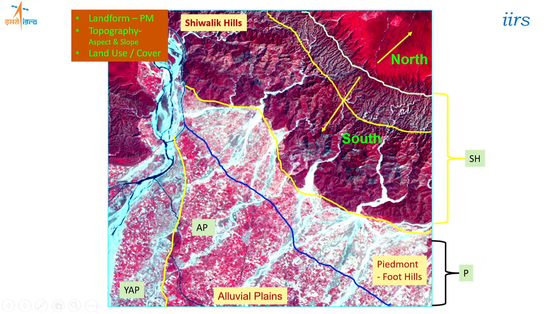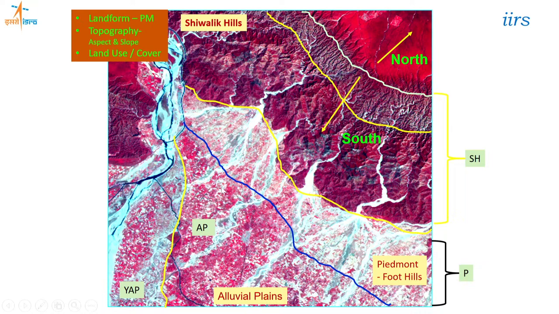If you see the plain, this is the foothills, that is the Piedmont plain, and lower, after that, you see another division. Here the reflectance of this area is high, but here it is less, and basically this is the alluvial plain.